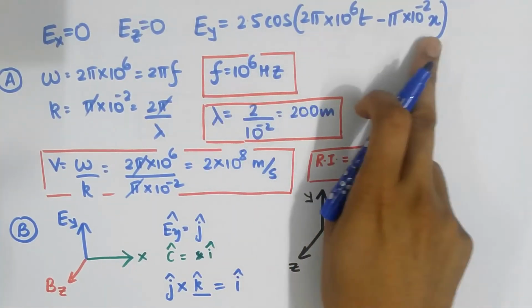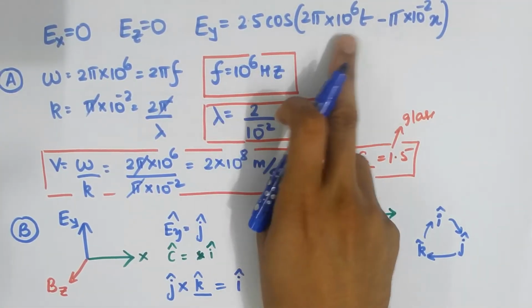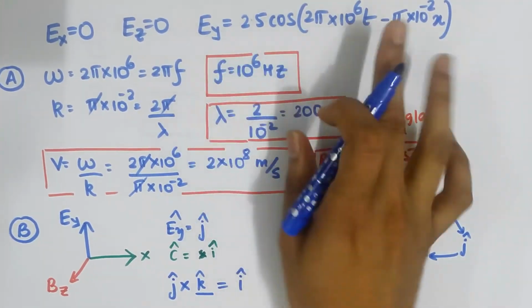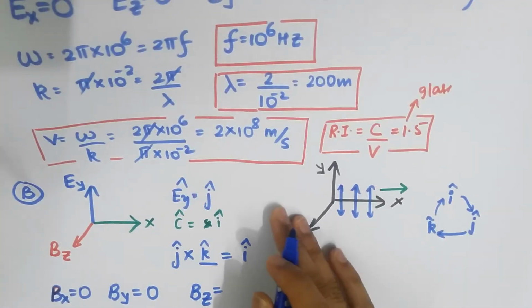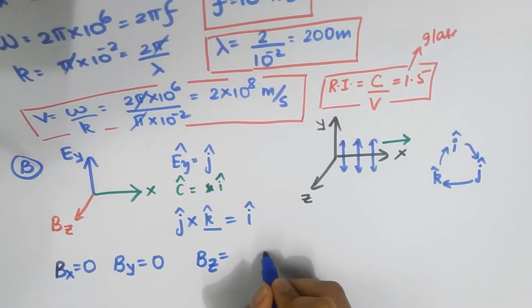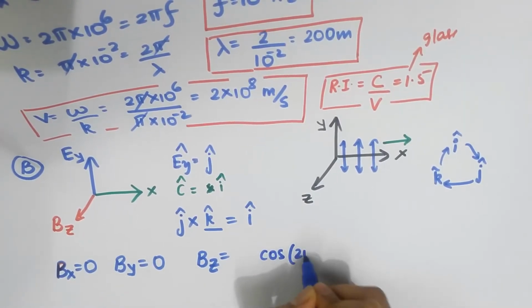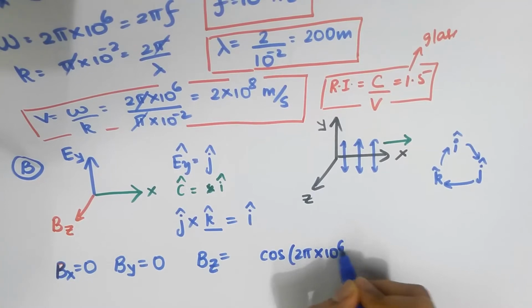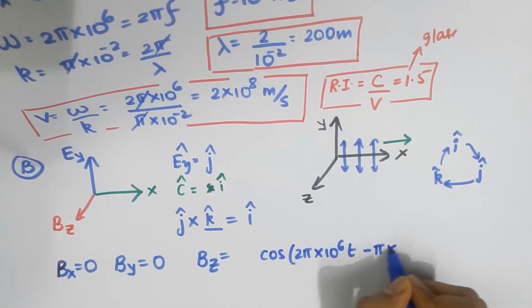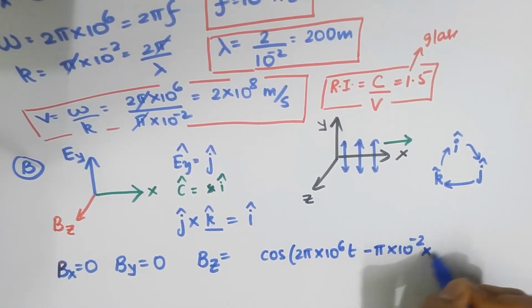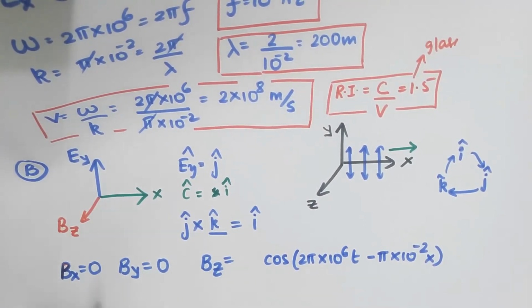Rest of the stuff must be exactly the same as over here, because it has to be in phase, it has to have the same frequency, same wavelength, everything the same. So it has to be the same form, so it's going to be something times cos(2π·10^6 t − π·10^-2 x). But what is that something?